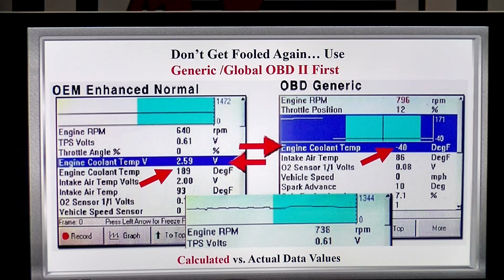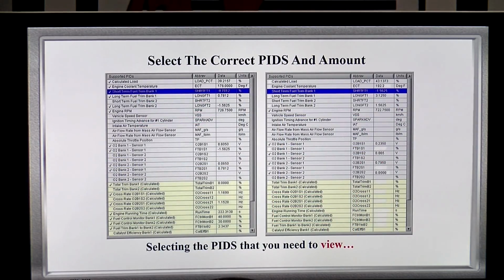Now, all these different PIDs here, what PIDs do you pick? Basically what I'm showing you here is there are some important PIDs, like fuel trim PIDs, right? Fuel trim PIDs are super important. We also want to look at oxygen sensor, air fuel, calculated load.